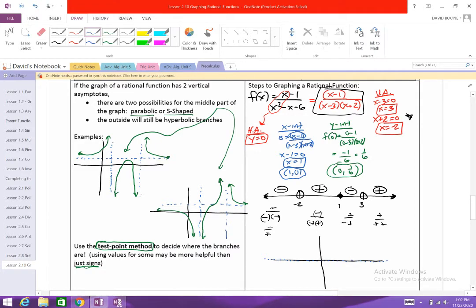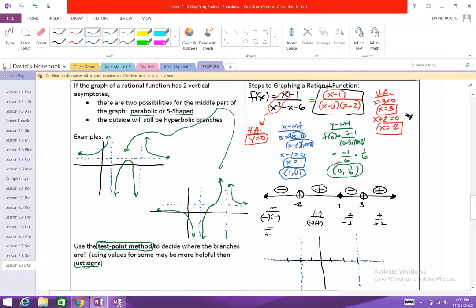Our vertical asymptotes at 3 and negative 2. Okay, so let's just go 1, 2, 3, 1, 2, 3. And I have a vertical asymptote at 3, and the vertical asymptote at negative 2. All right. That's going to help me line things up here.